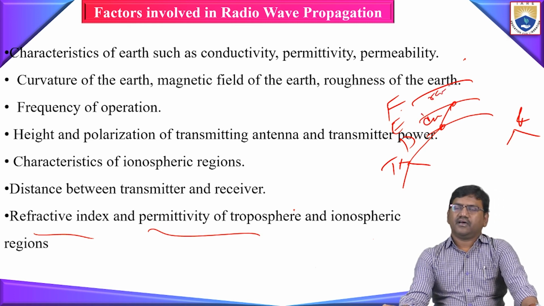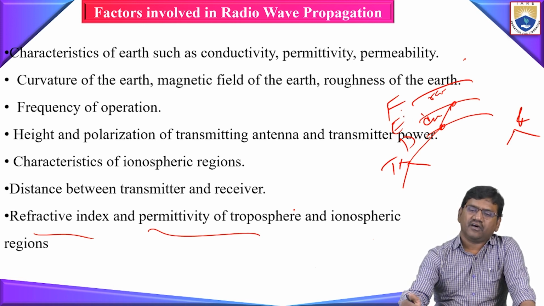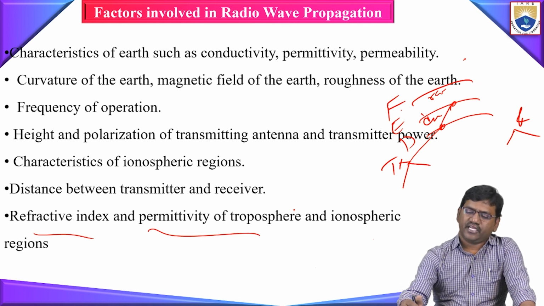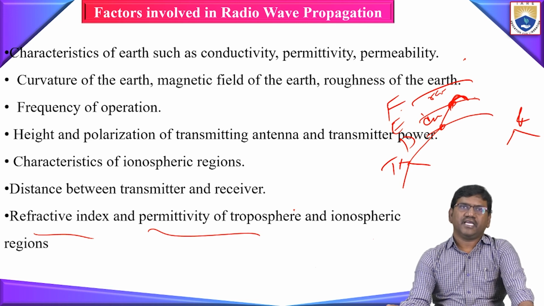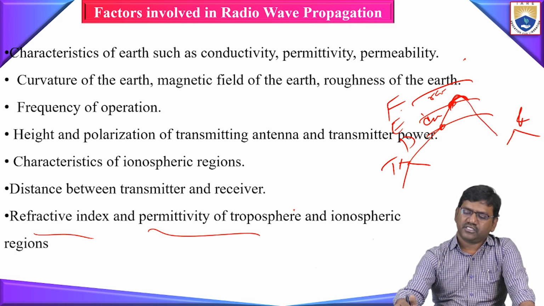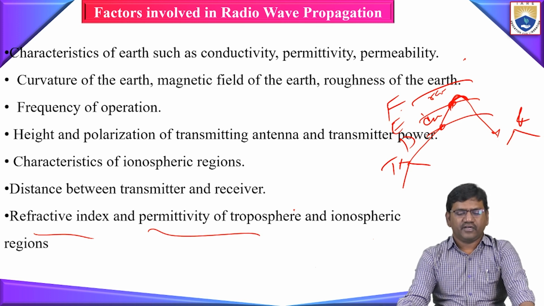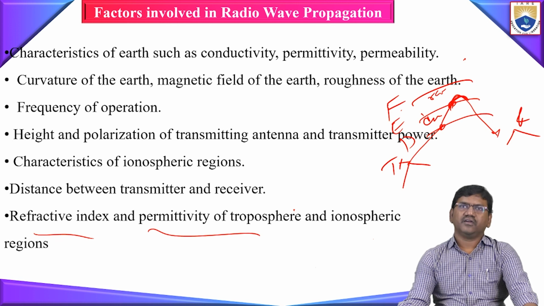So when the electromagnetic wave travels from the D layer to the E layer, or the E layer to the F layer, from the denser medium to the rarer medium, refraction takes place. So due to refraction, the electromagnetic wave slightly bends and travels towards the receiving point, that is towards the surface of the earth. So the refractive index and the permittivity of the troposphere are also very important for long distance communication.